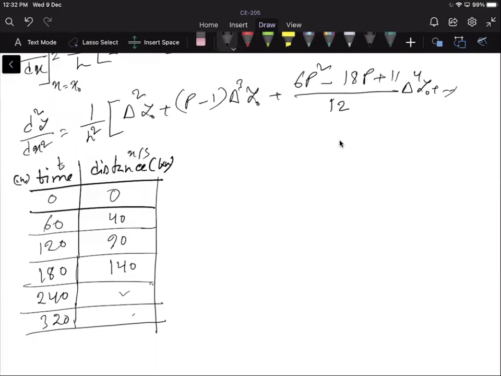So if I ask you to find what is the velocity of this train at t equal to 50 or 60, minutes or seconds, anything, what is the velocity of the train at that time? Here you have only the time versus distance data. So how will you calculate the velocity?